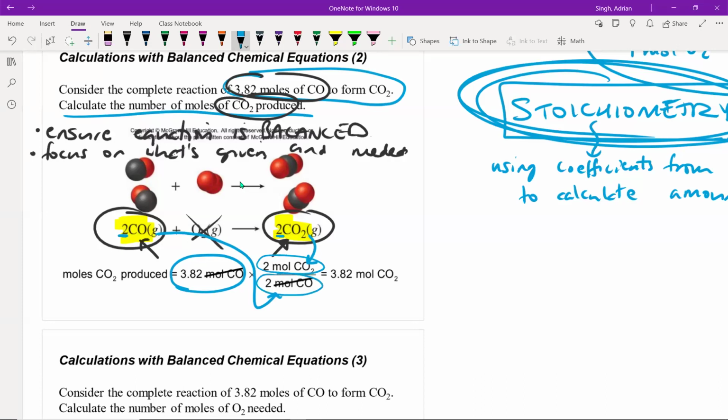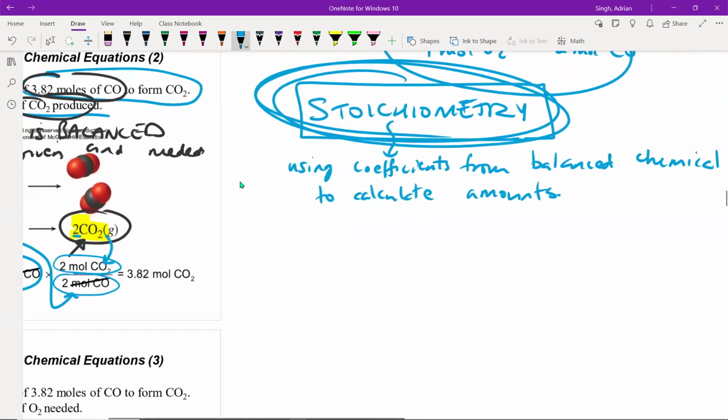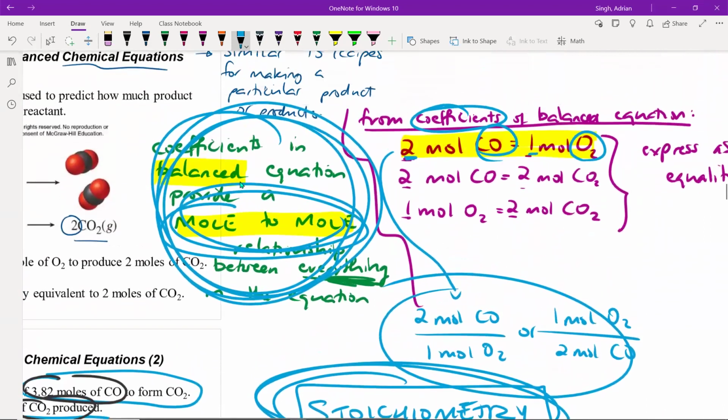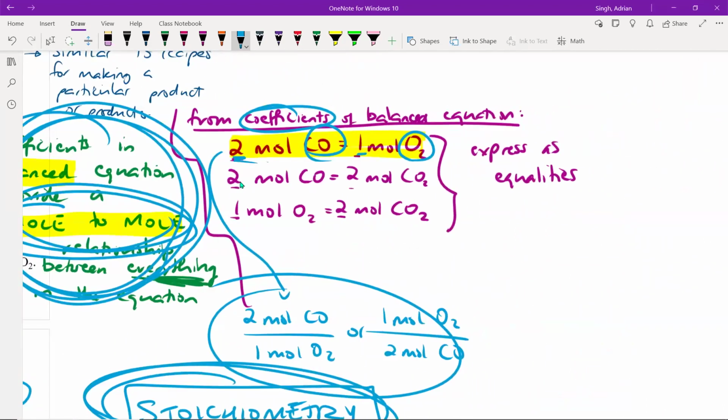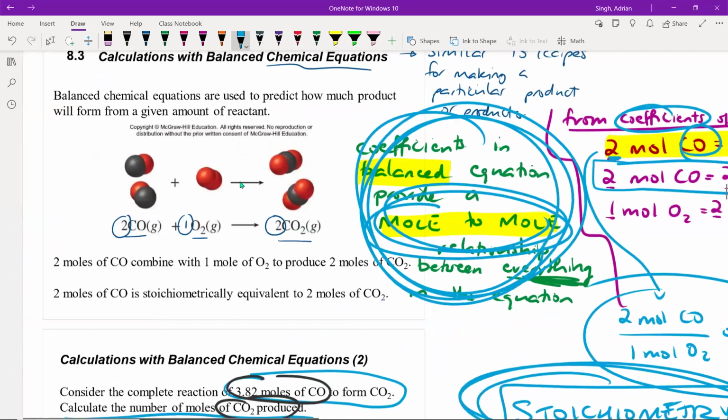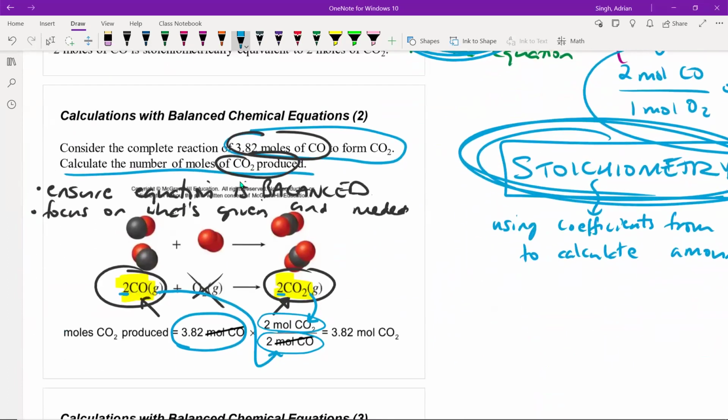So I can set that up like a conversion factor because I've listed in my list that 2 moles of CO equals 2 moles of CO2, right? If I want to end up with moles of CO2, I put the moles of CO2 on top and the moles of CO goes in the bottom. Moles of CO cancel. Obviously, 2 over 2 cancels into 1. So I get the same number of moles of CO2 at the end.